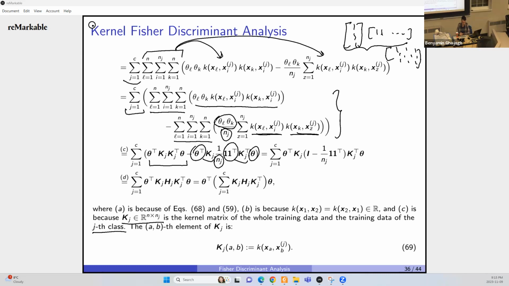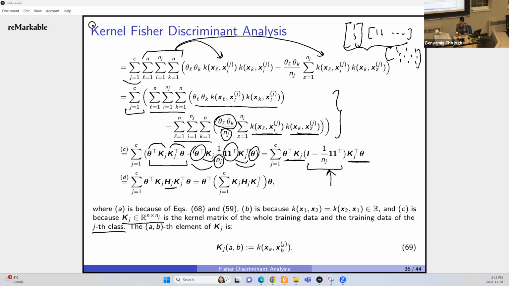Okay. Now I factor out, interestingly, I have theta transpose kj here, and kj transpose theta here. Also, theta transpose kj here, kj transpose theta here. So I can factor them out. Left factor out and right factor out. In the middle, this appears. What is this? Recall preliminaries. That's the centering matrix. Denoted by hj.